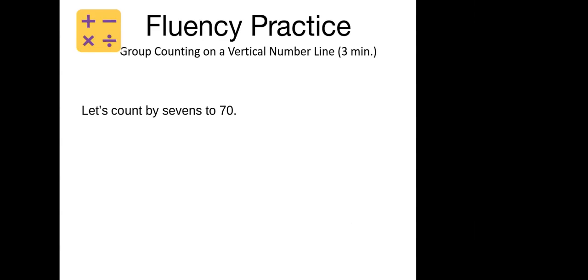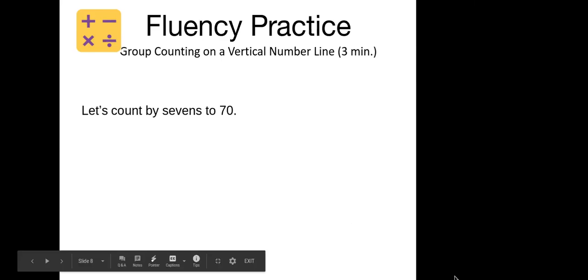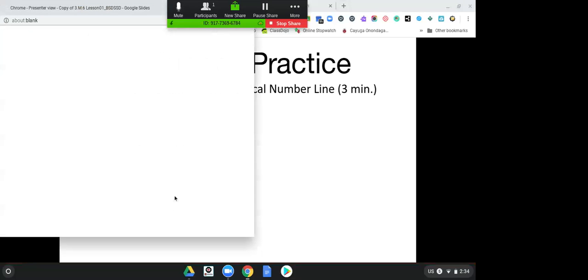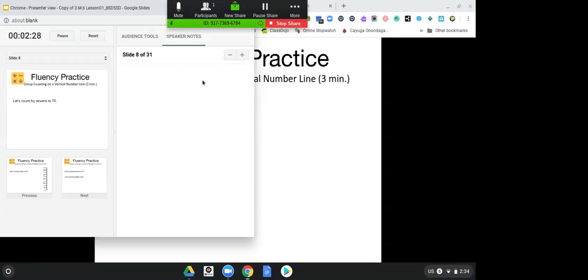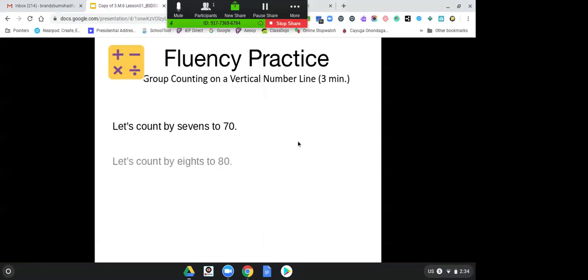All right, nice work. Now we're going to count by sevens to 70. I was hoping this would let me go ahead and write it for you, but I cannot write it. So I want you to take a minute and write it out for yourself, and then I will say it.